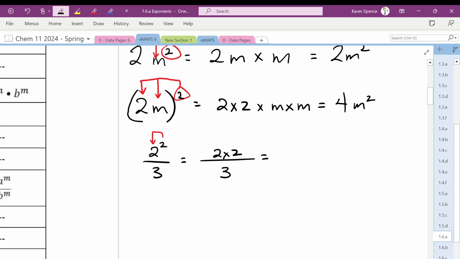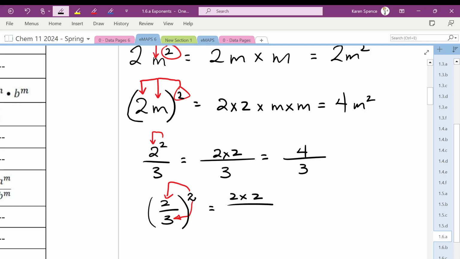And I would get 4 over 3. But if I had 2 over 3 squared in brackets, now the 2 refers to both the things in the brackets. So we would have 2 times 2 over 3 times 3. Is that good? Okay.